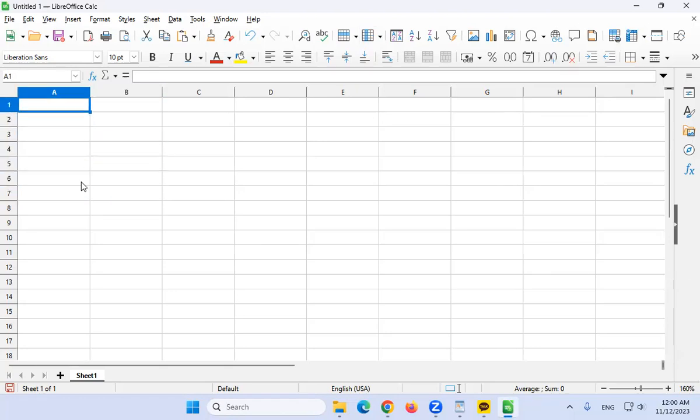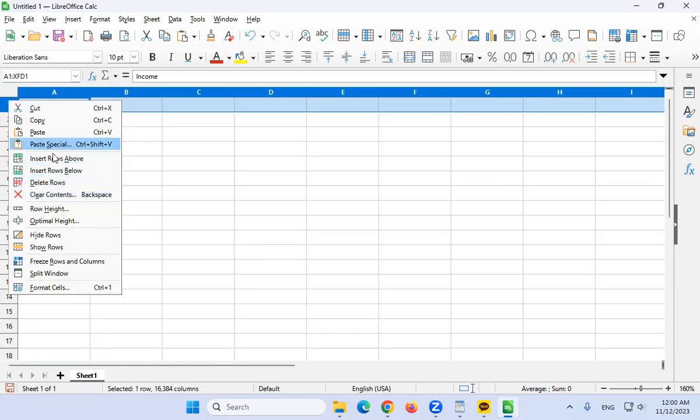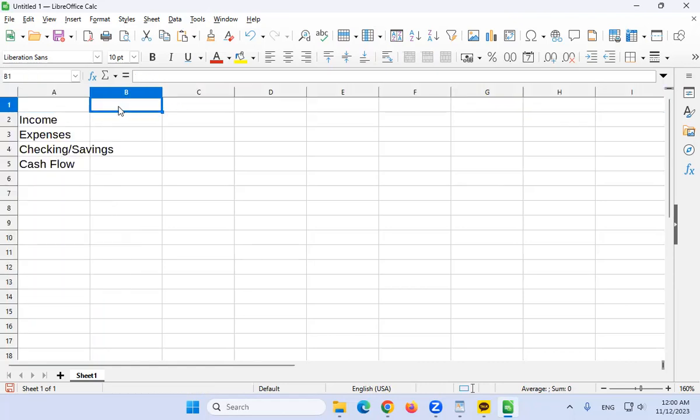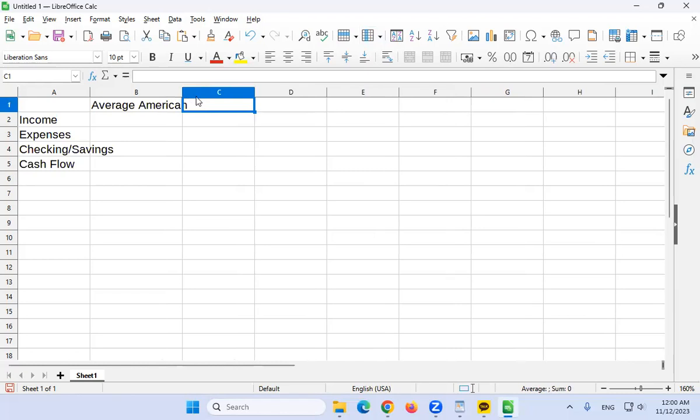Now, let's go ahead and write down our budget. So we have income, we have expenses, we have checking, savings, we have cash flow. Okay. So let's also do this, and this is going to be the average American.